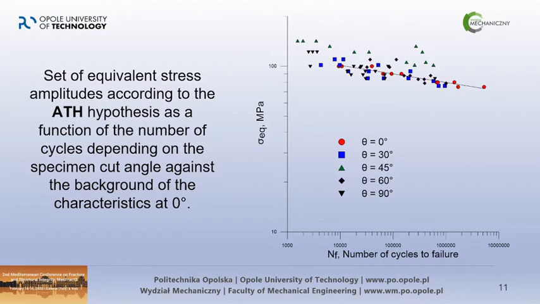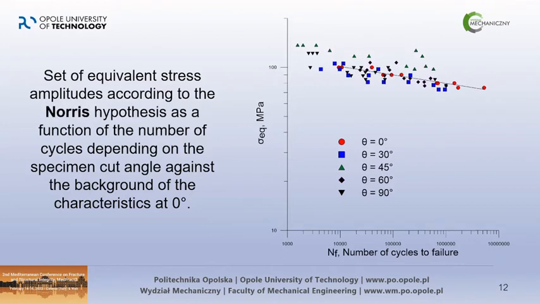For the acid-Hill criterion, you can see that the green triangles, which is the 45 degrees, were calculated to be higher than the 0 degree. Yeah, because we were comparing everything to the 0 degree, as there the results seem to be the most comparable. So the 45 degrees gave higher results of the equivalent stress for the acid-Hill criterion.